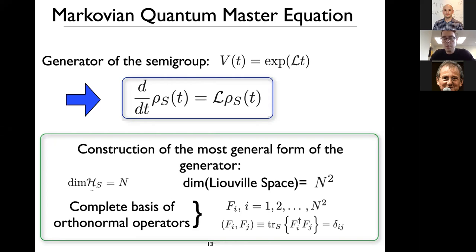They satisfy an inner product which is defined in the following way, where at the bottom is the Kronecker delta. These are just technical definitions that go into constructing the most general form of the generator, but I won't go over them. They are just details to keep in mind.